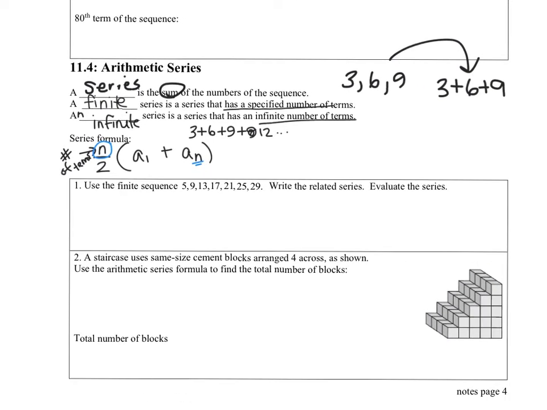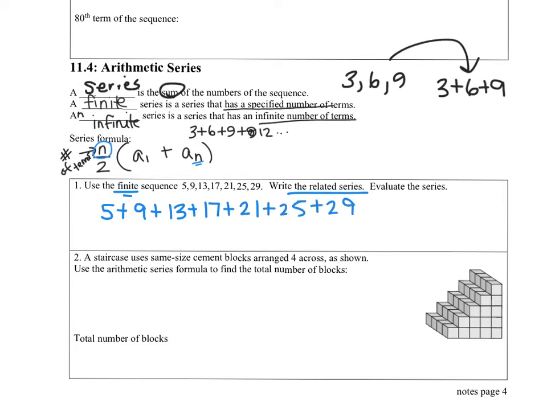Number 1, use the finite sequence. Remember, finite sequence means there's a specified number of terms. To write the related series, you just do 5 plus 9 plus 13 plus 17 plus 21 plus 25 plus 29.